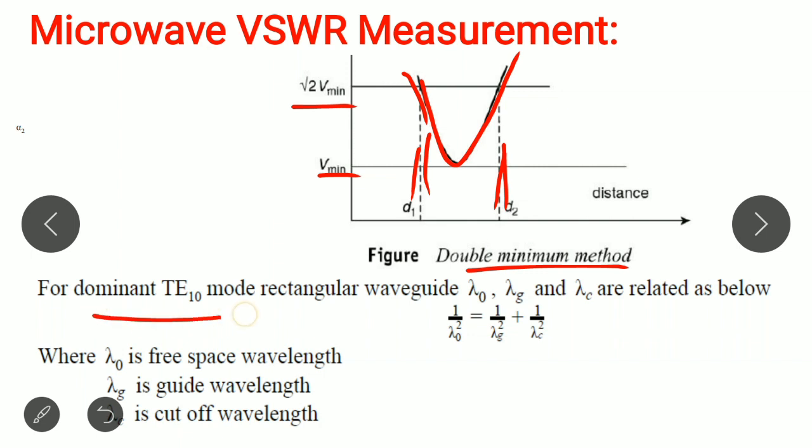Then we know that for the dominant TE mode of a rectangular waveguide, the relation between lambda 0, the free space wavelength, lambda g, the guide wavelength, and lambda c, the cutoff wavelength, can be expressed as 1 upon lambda 0 square equals 1 upon lambda g square plus 1 upon lambda c square.